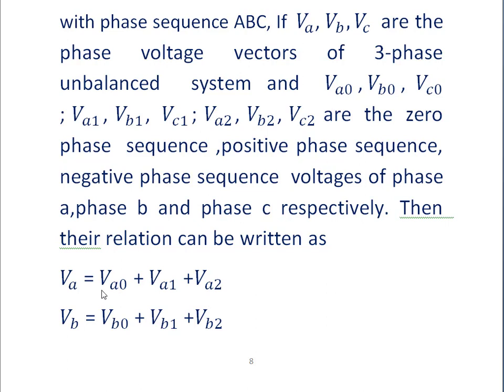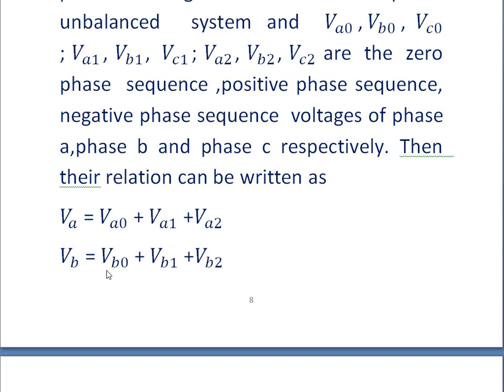So here VA represents the phase voltage of phase A, VA0 represents the zero phase sequence component of phase A, VA1 represents the positive phase sequence component of phase A, VA2 represents the negative phase sequence component of VA.